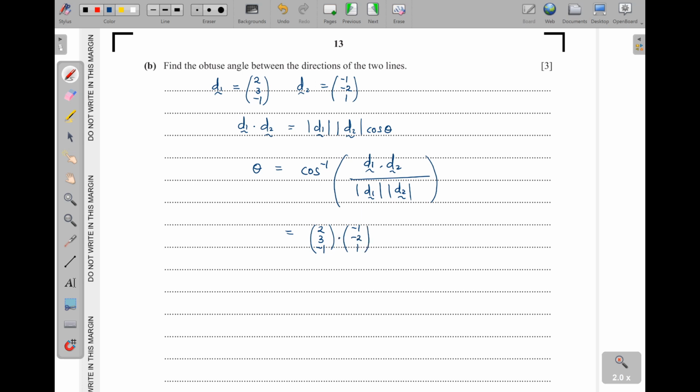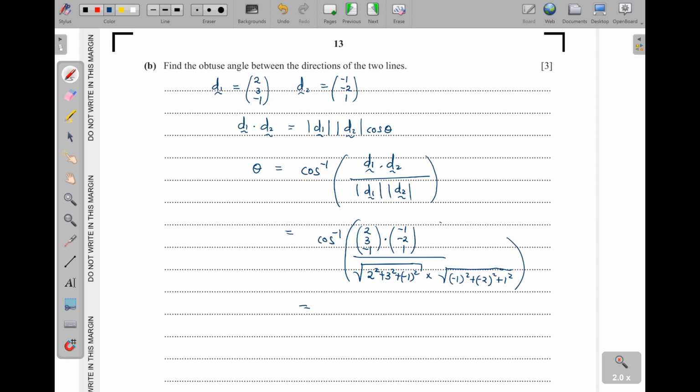Okay, then from there I forgot my arc cos. So from there, then we are supposed to take the square root of 2 squared plus 3 squared, then plus -1 squared, then times the square root of -1 squared plus -2 squared plus 1 squared.